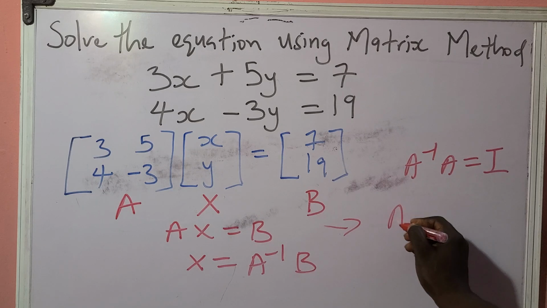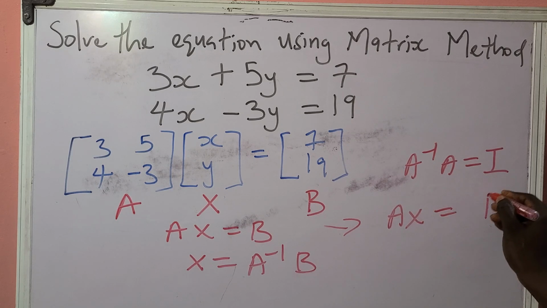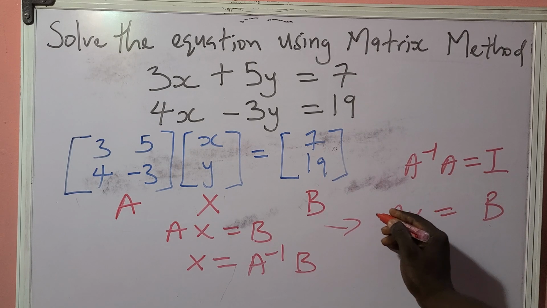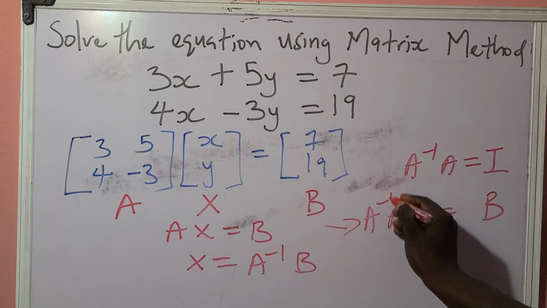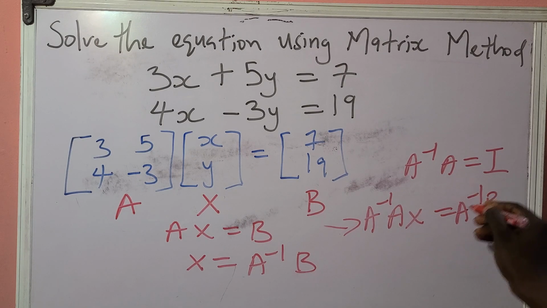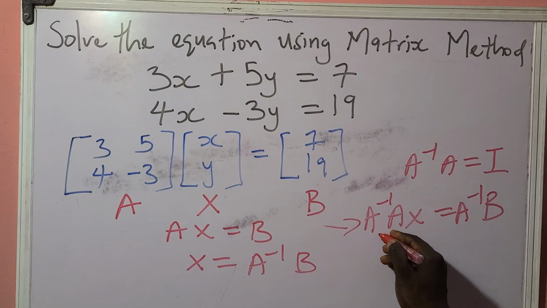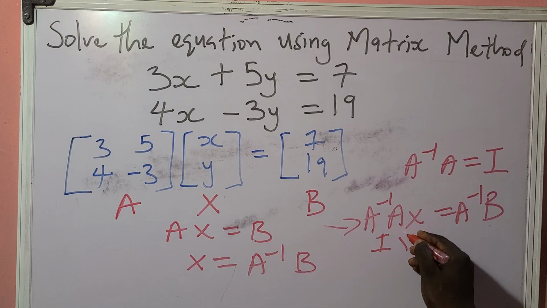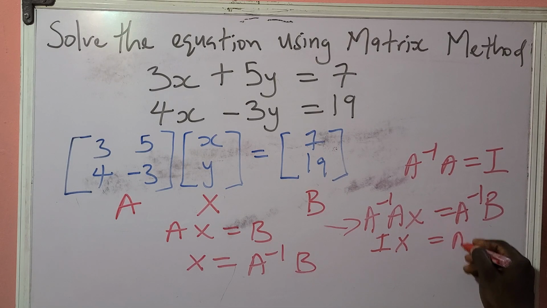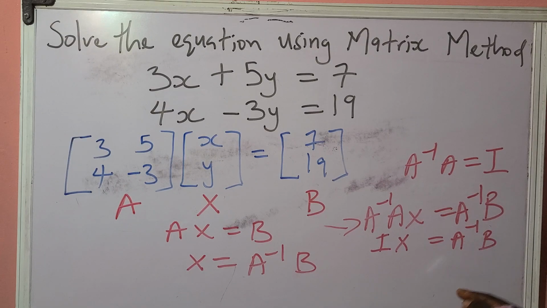So if we have AX equals B, we multiply both sides by A inverse. A inverse times A gives the identity matrix, then times X, and on the other side we have A inverse times B. And the identity matrix times any matrix gives you the matrix back. So we are left with X equals A inverse times B. That's how we arrive at this particular equation.